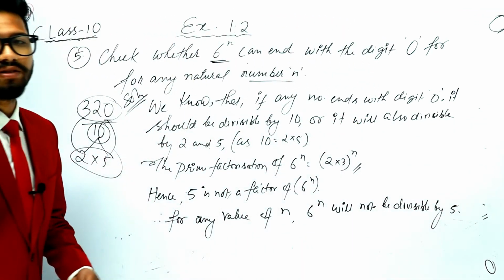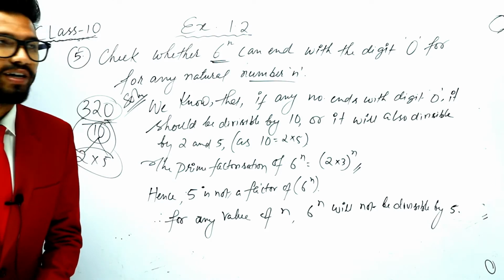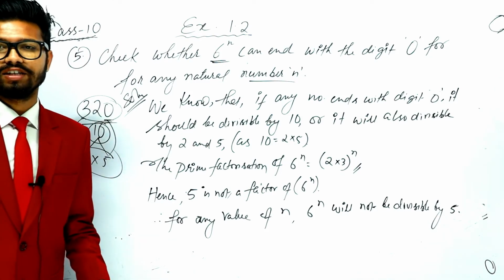So if it is not divisible by 5, what can you conclude? That this number cannot end with the 0.